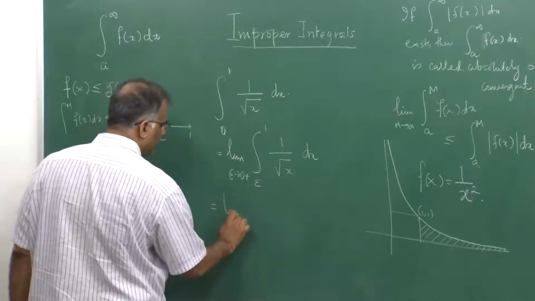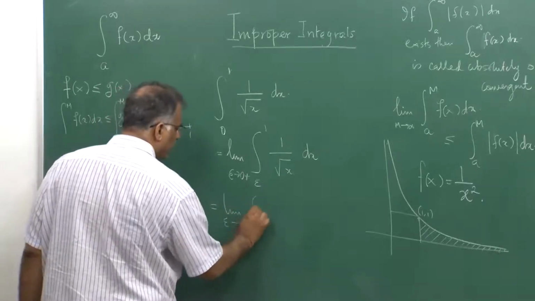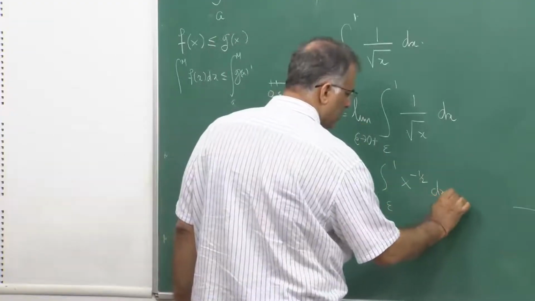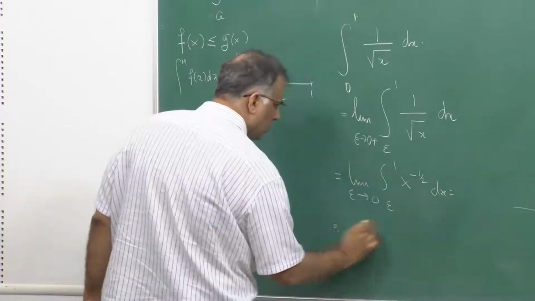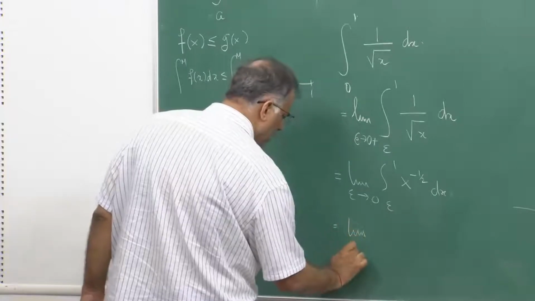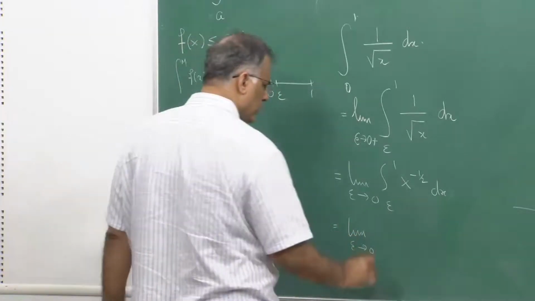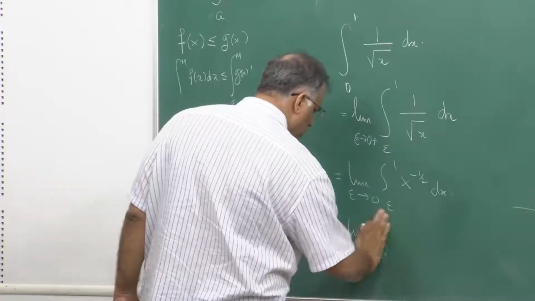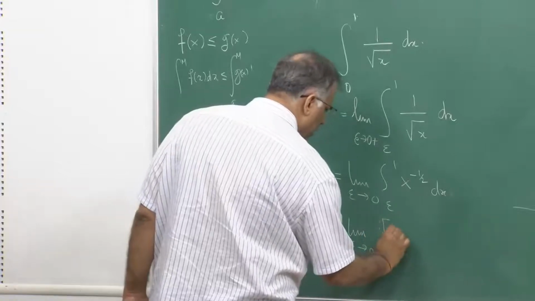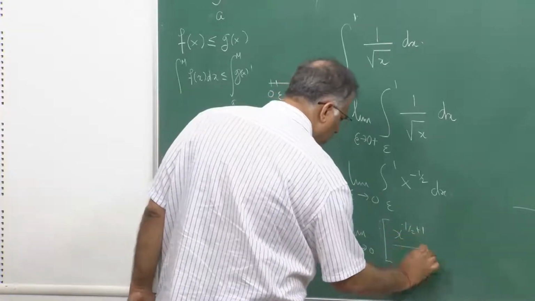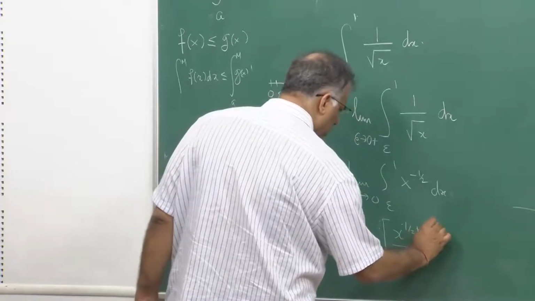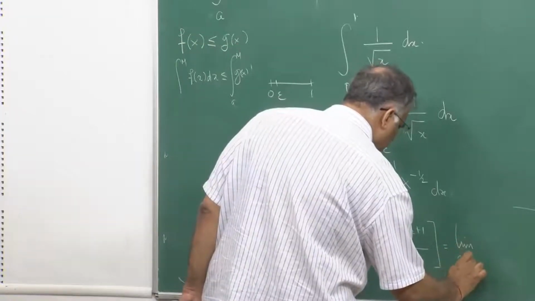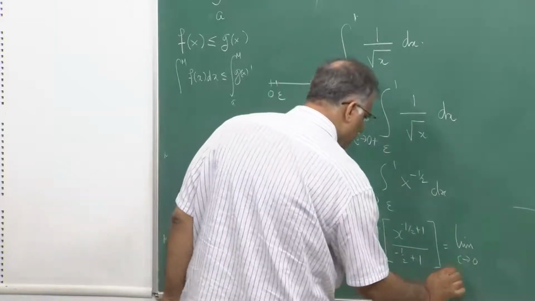So, the limit as epsilon tends to 0 of the integral from epsilon to 1 of x to the power minus half dx. I am actually doing the computation. So, it is x to the power minus half plus 1 by minus half plus 1, from epsilon to 1.